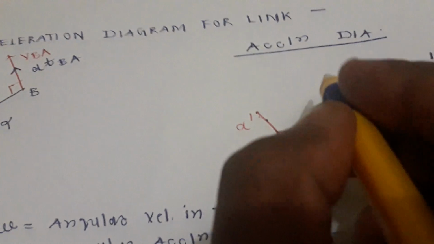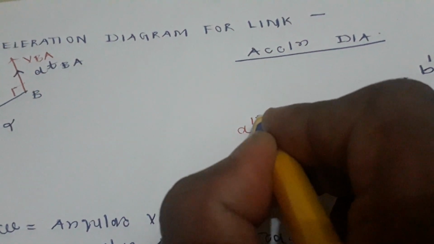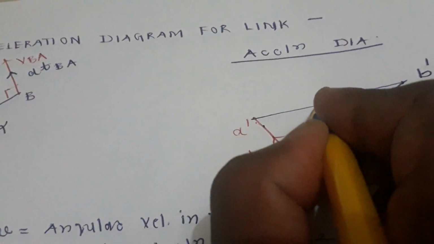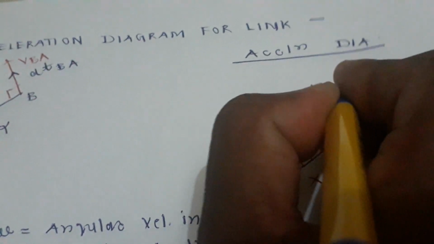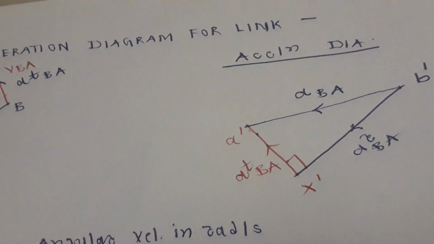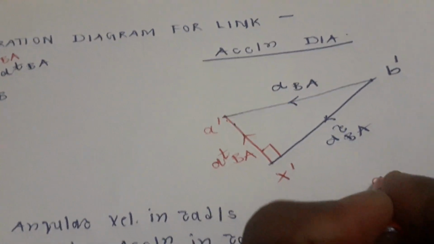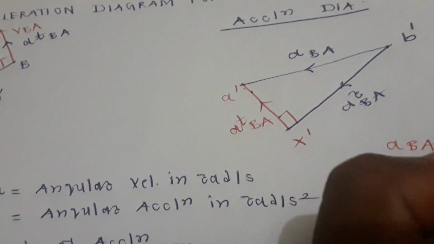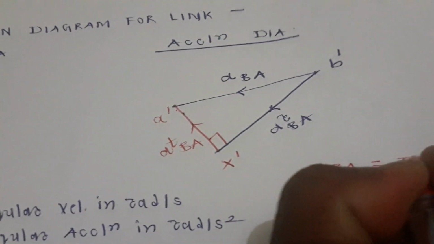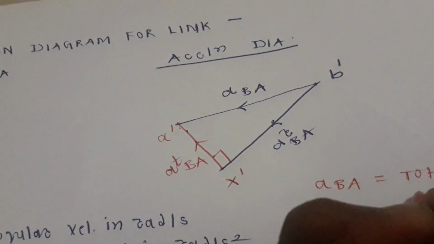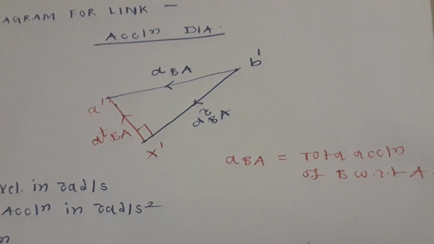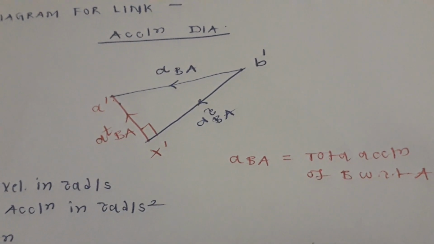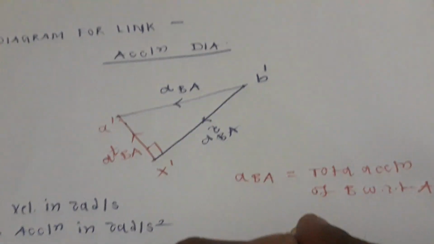Now if I join A dash to B dash, this will be the total acceleration of B with respect to A. This is also known as the acceleration image.